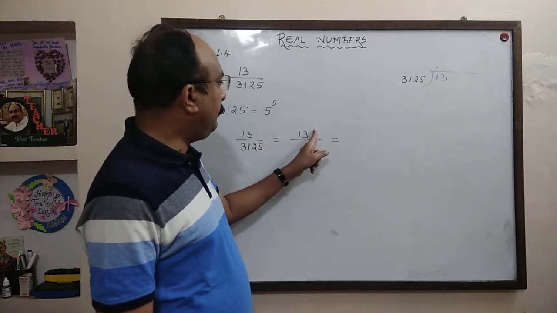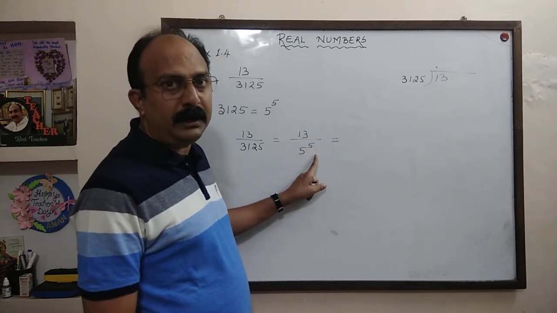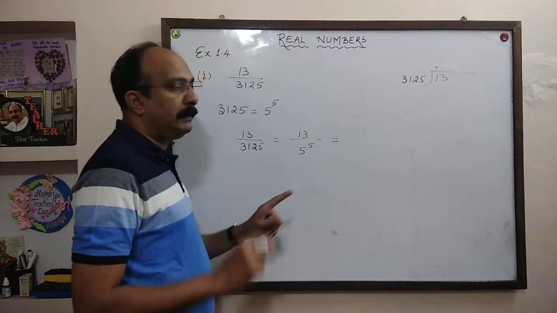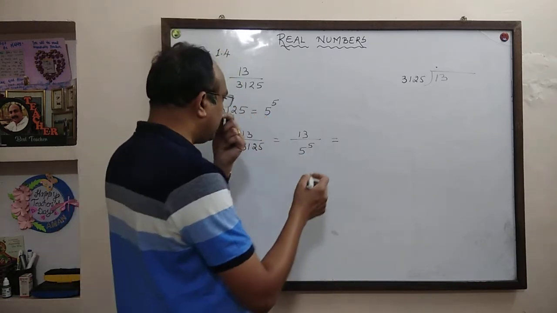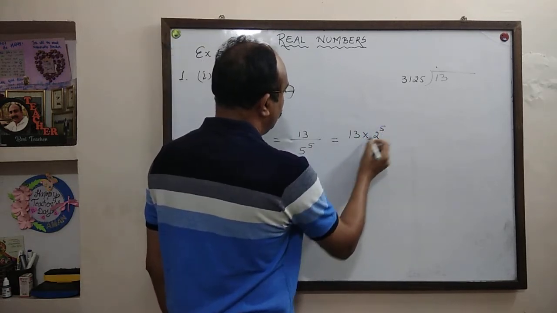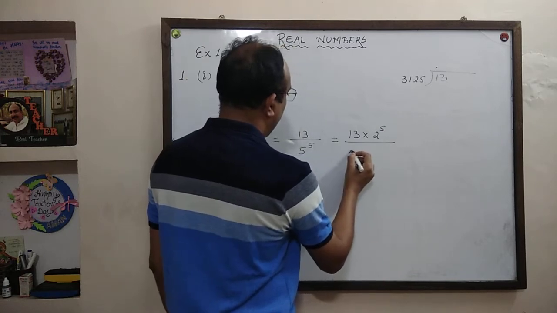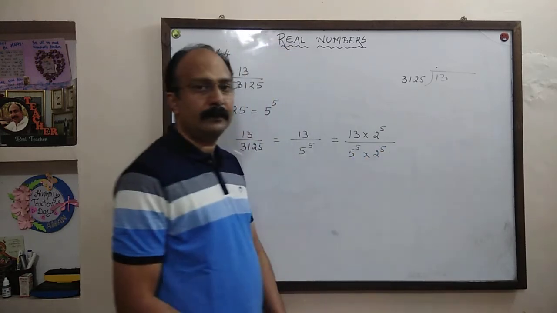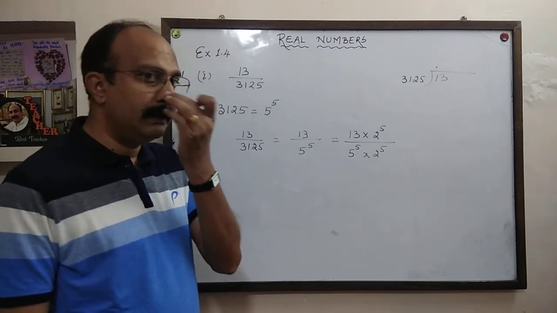How? Multiplying the numerator and denominator by 2 power 5, the denominator will become 10 power 5. So we can write it as 13 into 2 power 5 upon 5 power 5 into 2 power 5. Did you understand what is done?